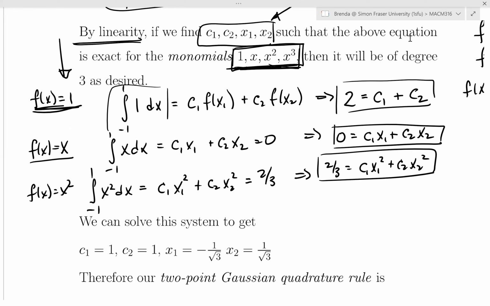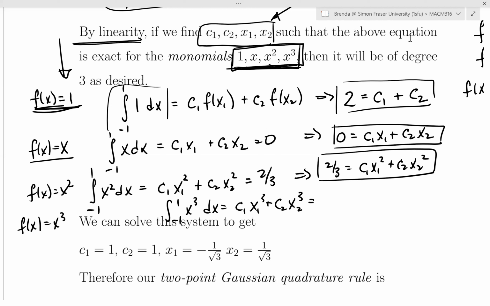Now we're going to do the one here for f of x equals x cubed. I'm going to do the same thing. The integral from -1 to 1 of x cubed dx equals C1 x1 cubed plus C2 x2 cubed. And that is equal to what? 0.